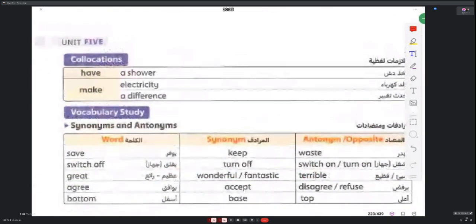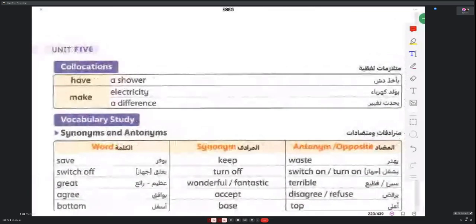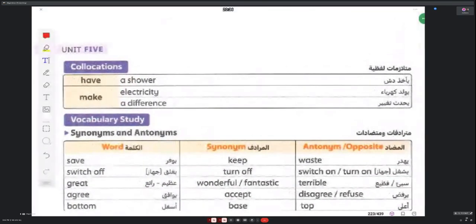Have a shower, have a short shower, have a long shower. To have a shower to use less water, so you should have a short shower.